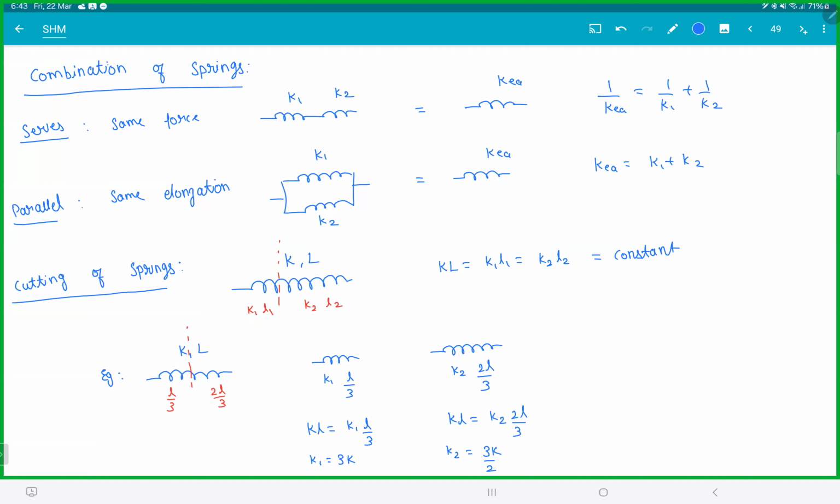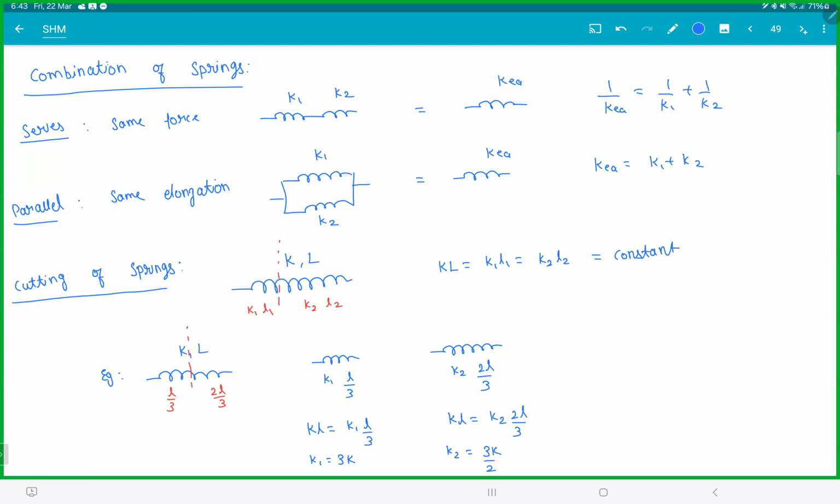Hope you remember this. We did it in NLM. Y that is constant, we will see in elasticity. There we'll get something like K is equal to YA by L. Young's modulus, area of cross section, and all that stuff. We will see it there.